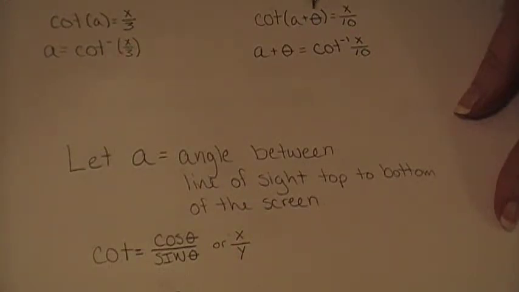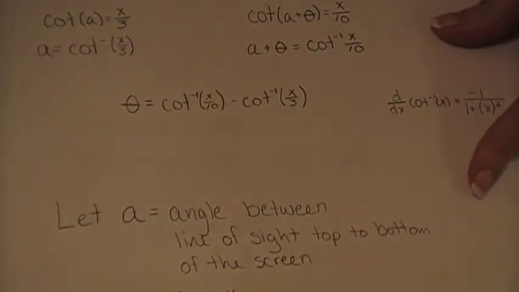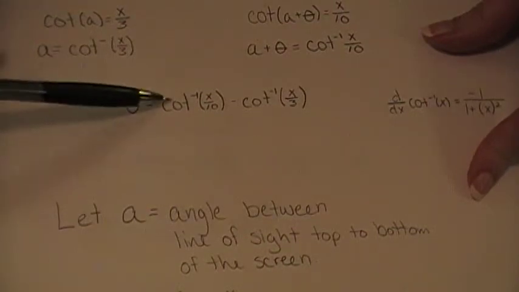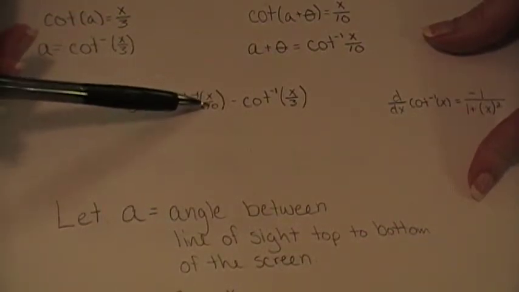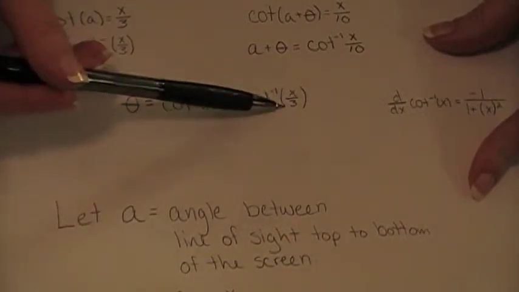Cotangent of A plus theta equals x over 10, so A plus theta equals inverse cotangent of x over 10. Then we can plug in this A and solve for theta, and what we get is theta equals inverse cotangent of x over 10 minus inverse cotangent of x over 3.